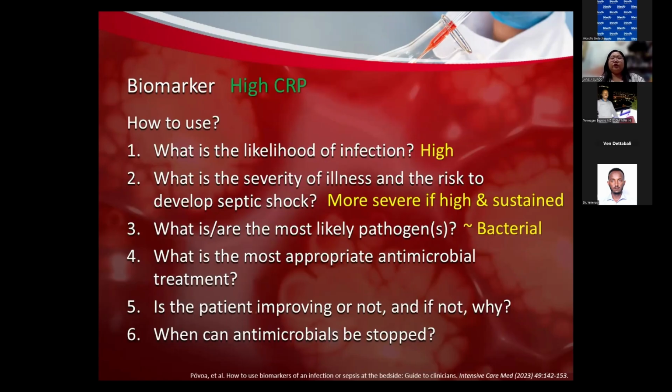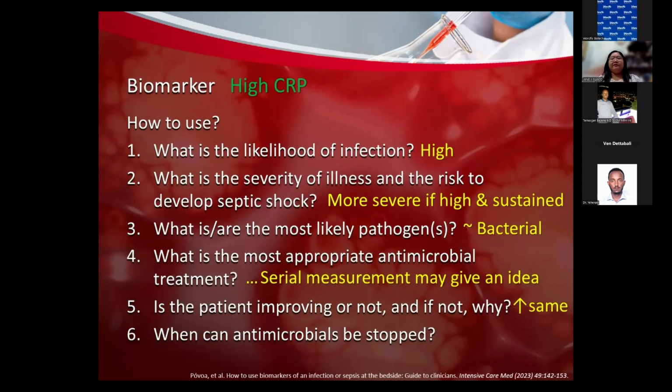Now, the fourth question cannot be addressed by CRP or any biomarker alone, as only culture results can definitively give this information. However, as we have seen earlier, serial CRP measurement can give us an idea if antimicrobial treatment is working or not. This, in a way, also answers the fifth question.